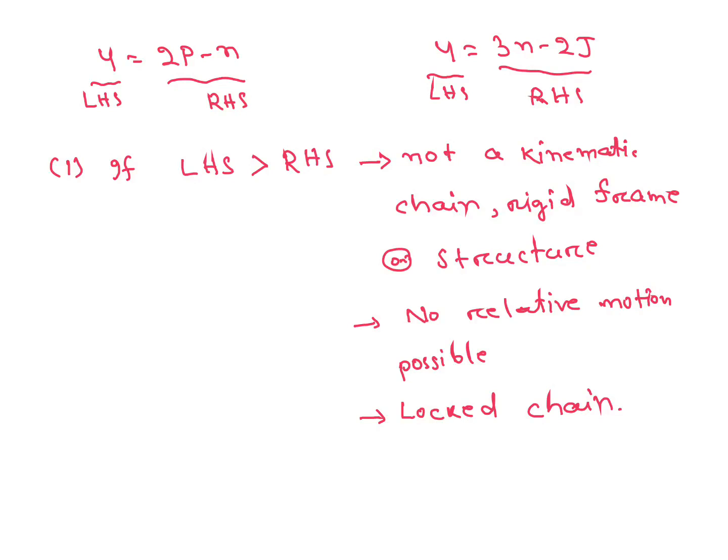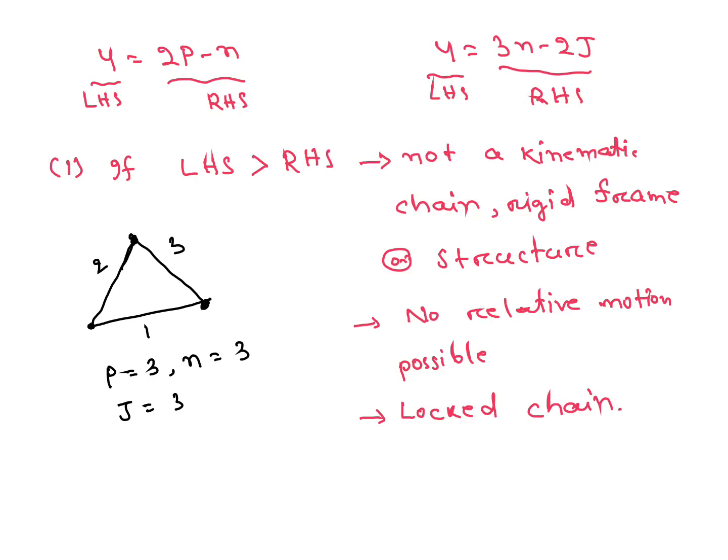So, if you take a structure like this, 3 links are there, 1, 2, 3, and having 3 joints. Then we will check for these conditions. Here 3 pairs, number of links also 3, number of joints also 3.